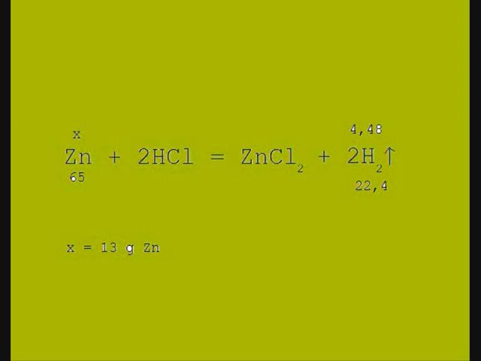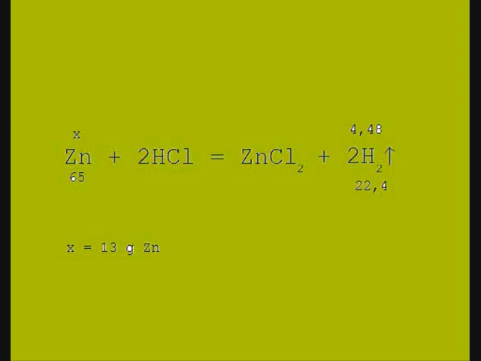On the other side of the equation we write under the zinc 65, that is its atomic mass, and above it X, the unknown term. So to determine it we must do the calculations.